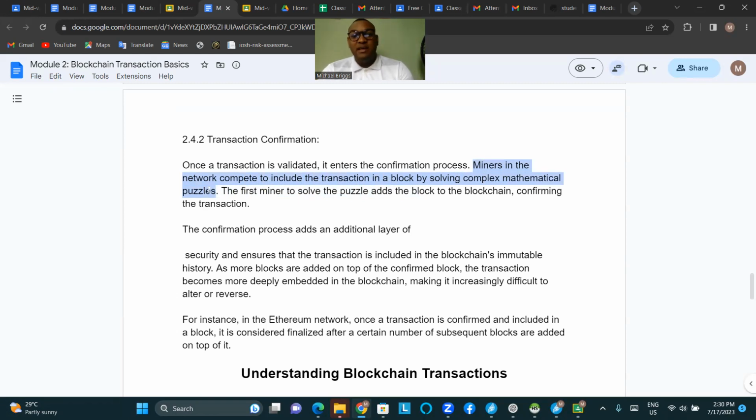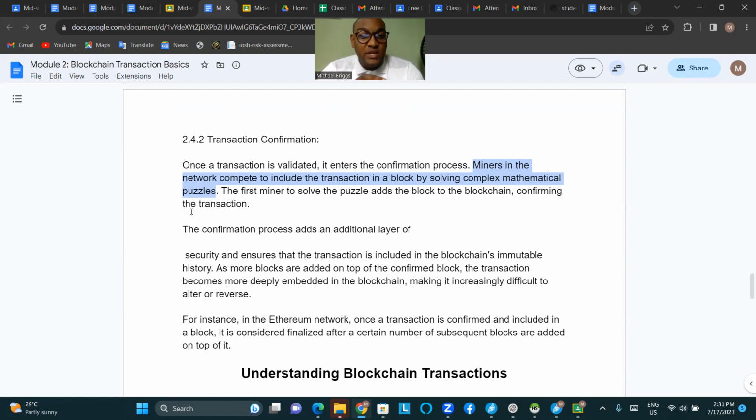Let's make this easy, in very layman language. You send a transaction. The transaction is validated by checking the transaction inputs, which are the UTXOs. Do you have enough funds in the wallet? It checks.